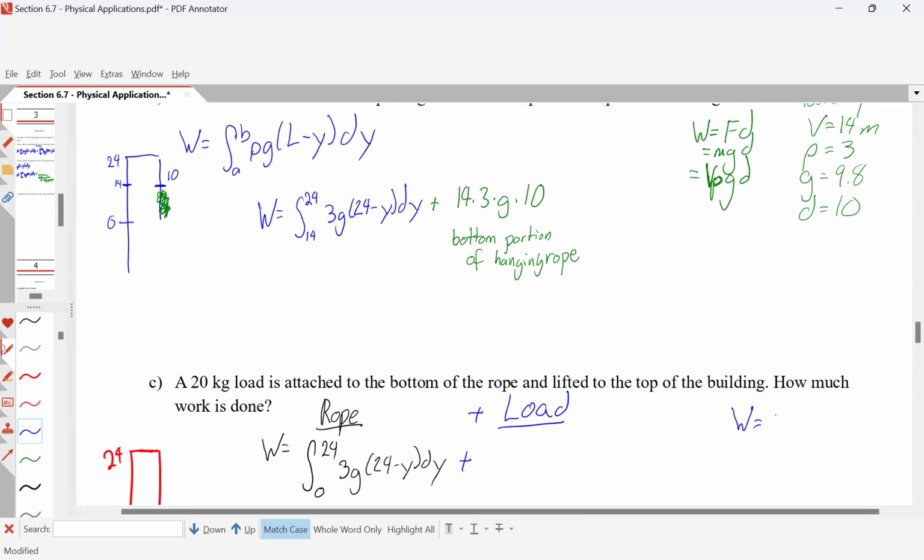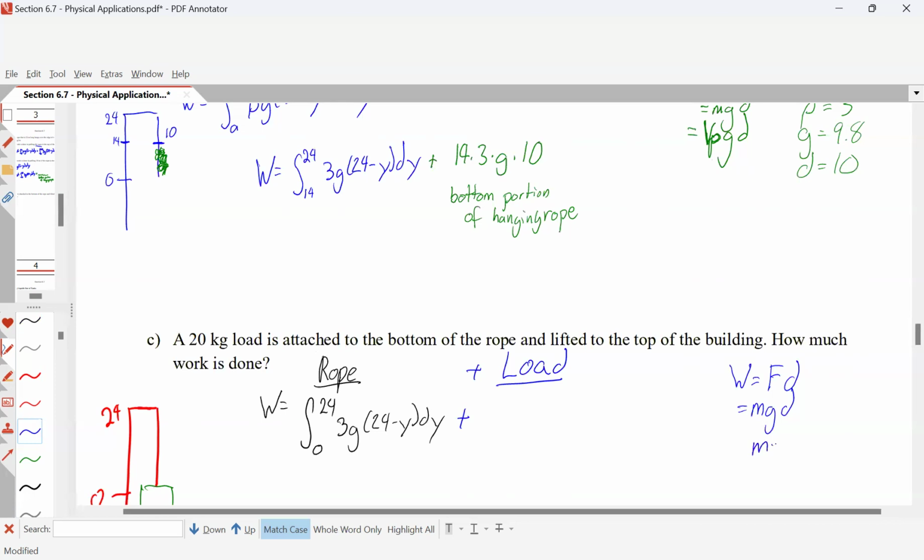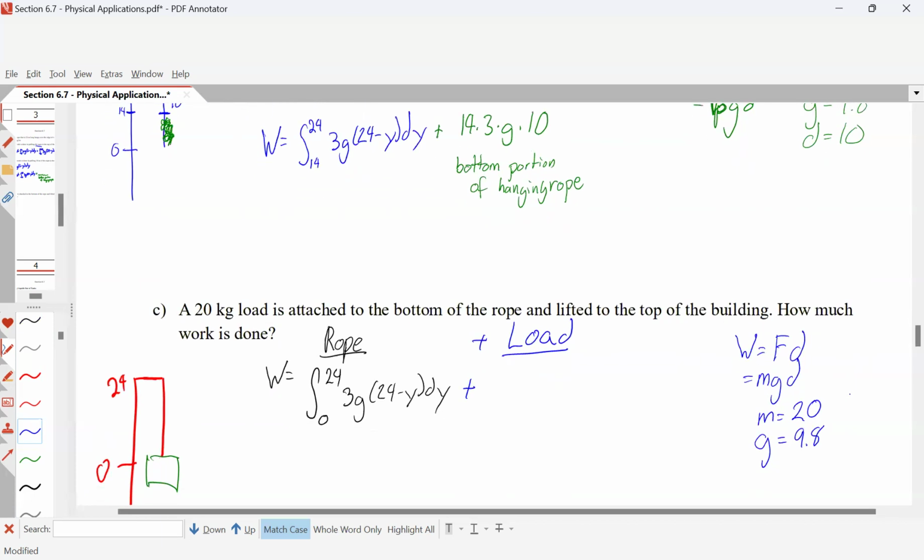Some scratch work on the side. Remember, work is force times distance. And force is mass times gravity. So work is mass times gravity times distance. We are told the load is 20 kilograms. G is 9.8, or we'll leave it as G. And the distance the load has to travel is the length of the rope.